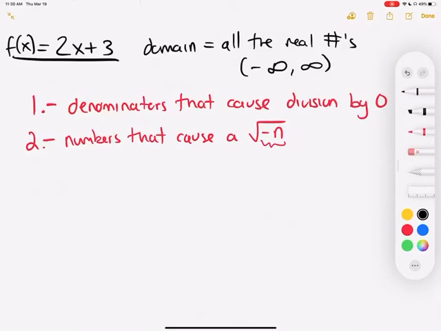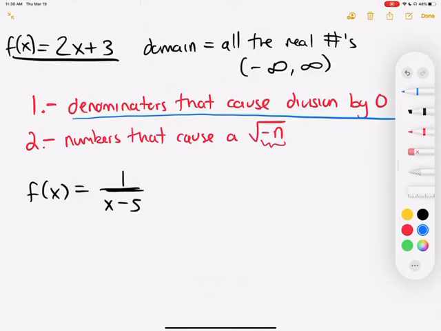This is where I'm going to take one from the PowerPoint that says f of x equals 1 over x minus 5. At this point, can you see I have a variable in the denominator, right? So my domain is not going to be all of the real numbers, because there is going to be a number that, if I substitute it into that equation, is going to give me a 0 in the denominator.